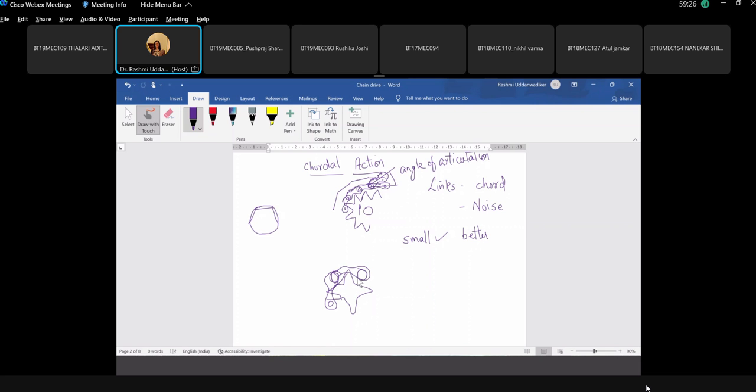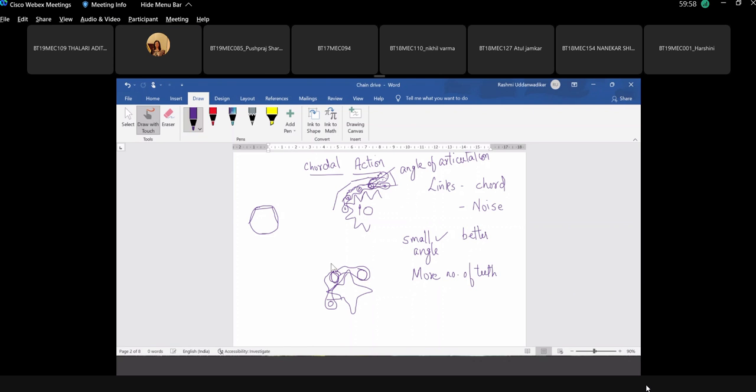Here the angle of articulation would be as high as 90 degrees. If I go on increasing the number of teeth, this angle of articulation goes down, so the chordal action goes down. So it's always better to have more teeth to have a smaller angle of articulation. We need to have more teeth on the sprocket.